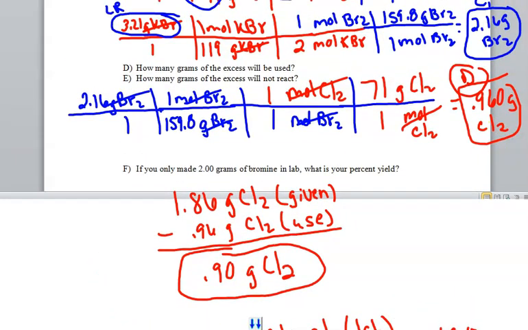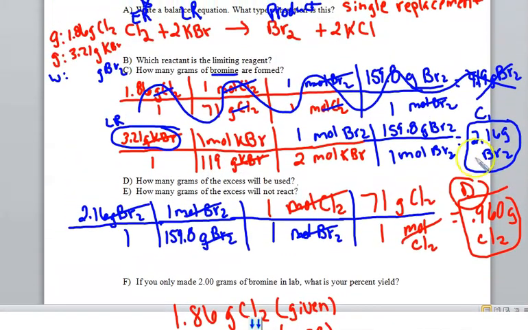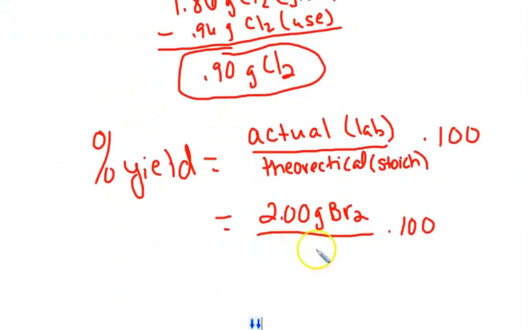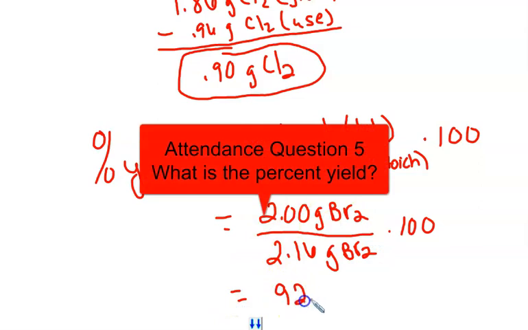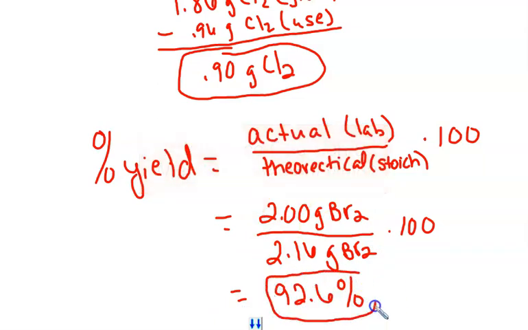Go back up, that's chlorine. Keep going. If you'll notice here, this is grams of Br2, but we put an X on it. We do not use that number. We use your product. 2.16 grams of bromine, in theory, is how much we should make. So that's going to go here. Notice the endings are matching there. And so I get, you could do 1 decimal, 92.6% yield. That's a pretty good yield. I'd be happy with that.